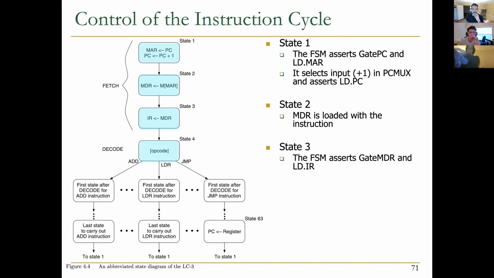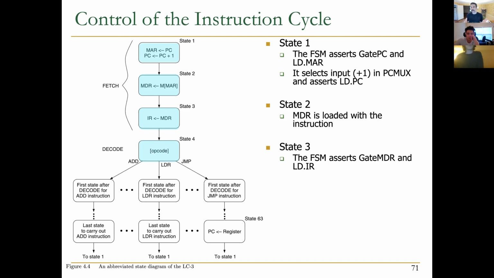This is the state 4. Once you decode the instruction, depending on the particular instruction, the finite state machine would transition to a different state. If this is add, it would go to the left.